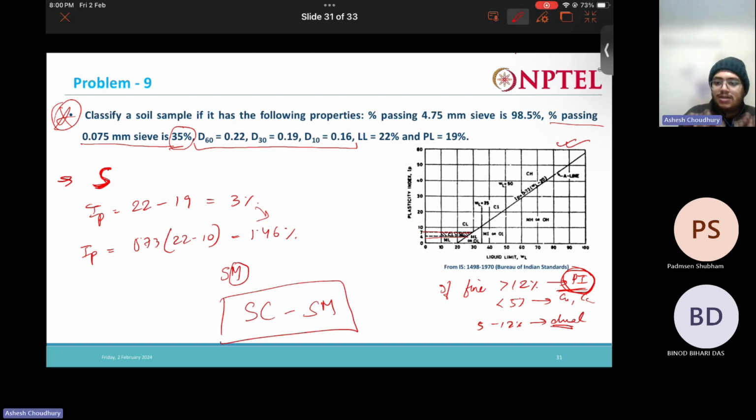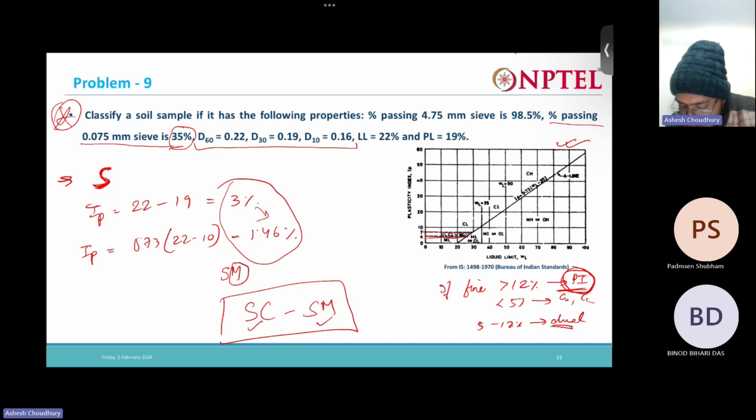Understood? This is a critical case. Between 4 and 7%, it will be SC-SM. And from this point of view, directly, it comes out as SC. But there you have to recall one more factor of this plasticity chart.